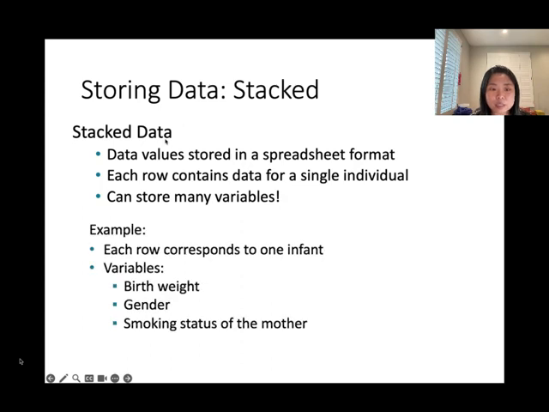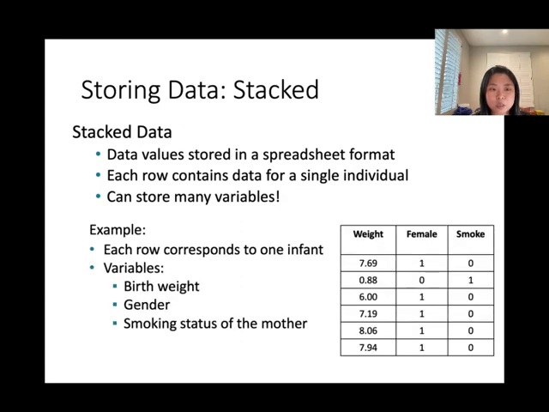Let us look at this example. Each row corresponds to one infant. So this corresponds to one baby here. Her weight, and she is a female, and the smoking status of the mother means her mother is not a smoker.